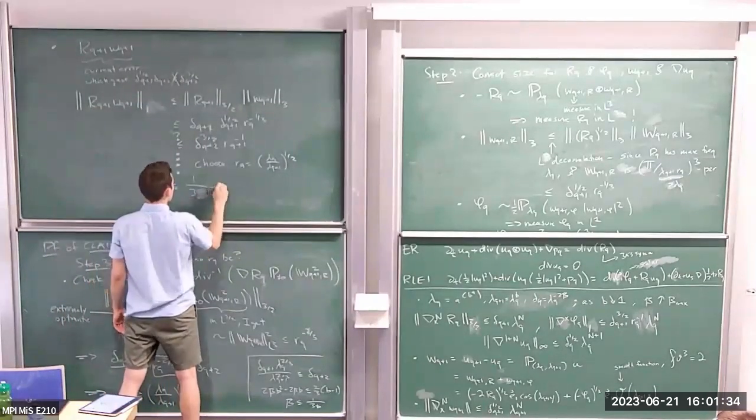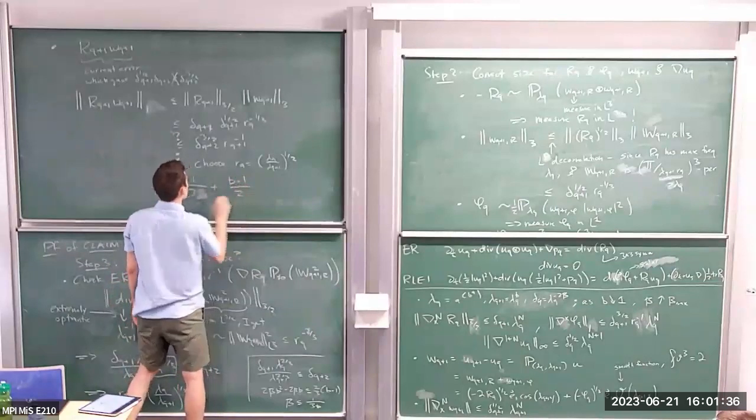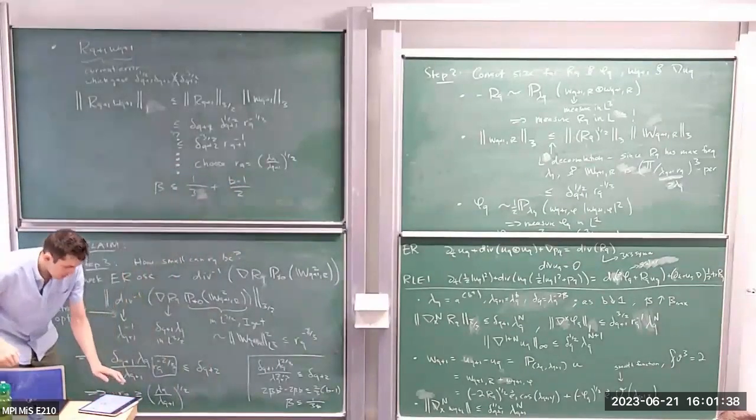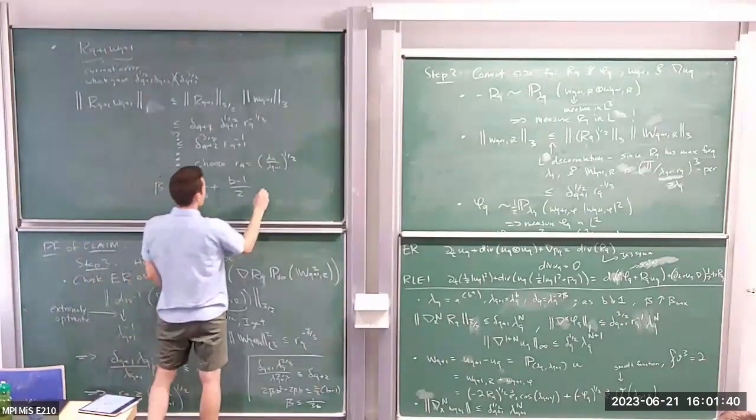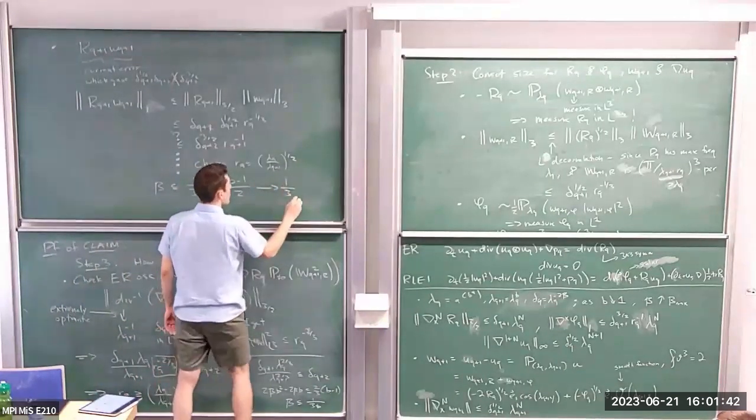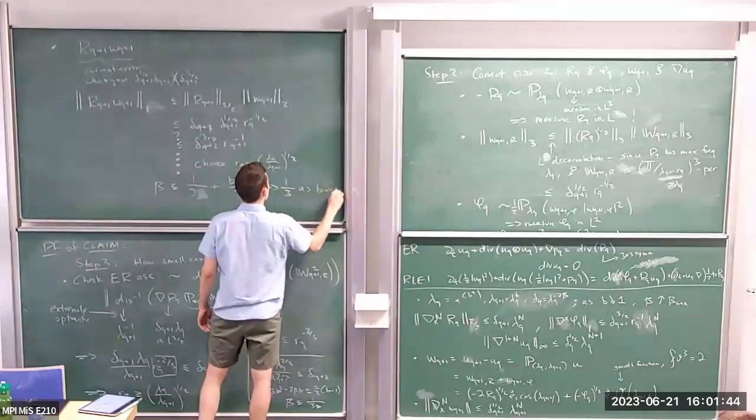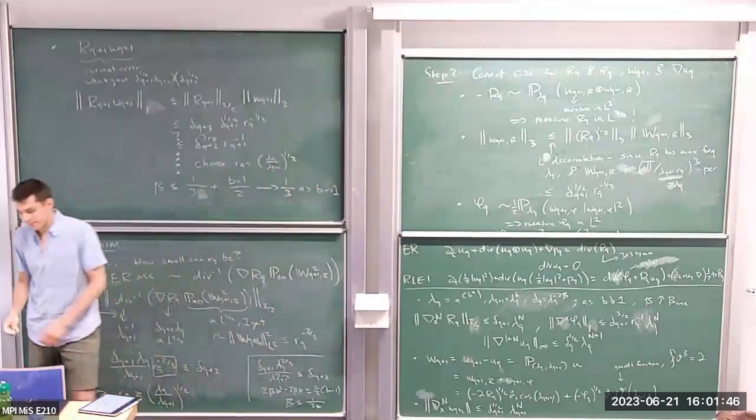I think it's 1/3, doesn't it? Plus b minus 1/2. This converges to 1/3 as b goes to 1.